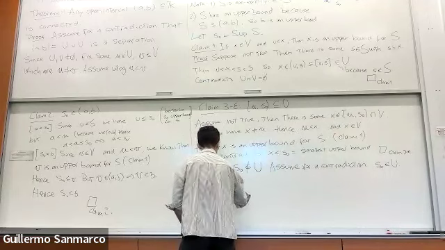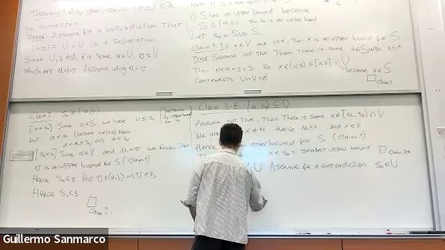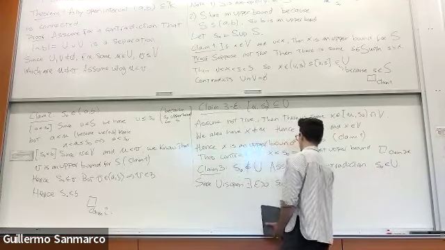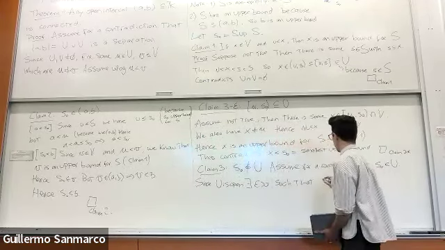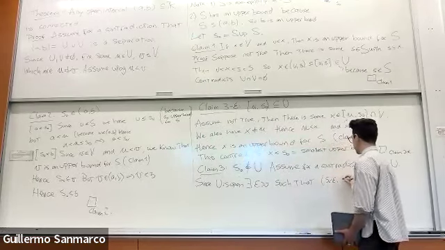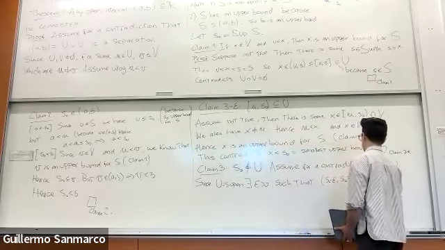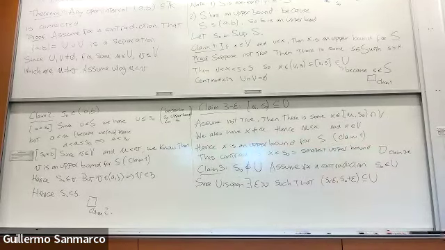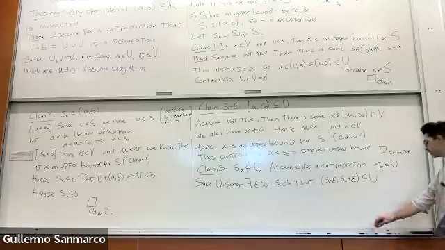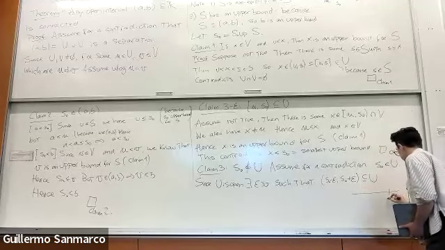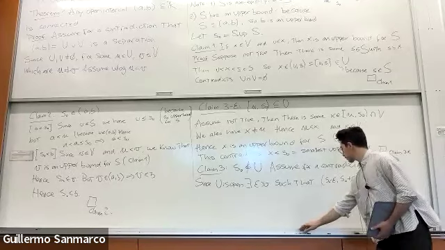Since U is open, there needs to exist some positive epsilon such that not only S naught, but this open ball or open interval lives inside of U. So what this is telling me is something like, here's my S naught.